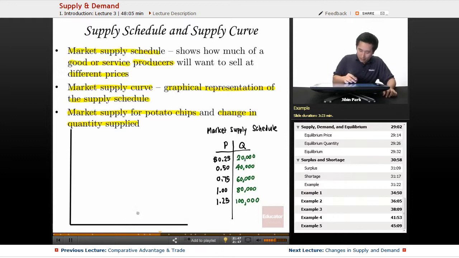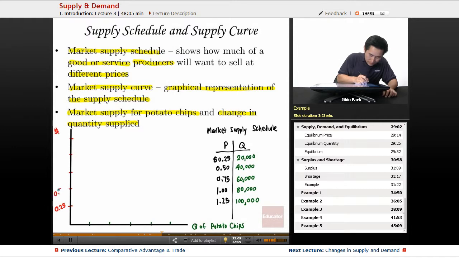So on the bottom here, I'm going to have increments of 20,000, and this is the quantity of potato chips. And on the price, we're going to go in increments of 25 cents. So 25 cents, and you have 50 cents, 75 cents, $1, and then $1.25 here.